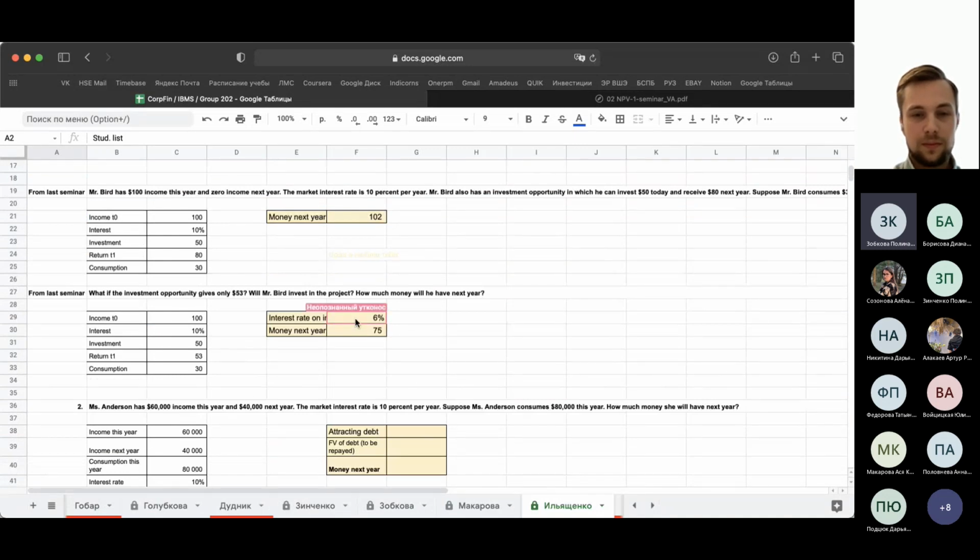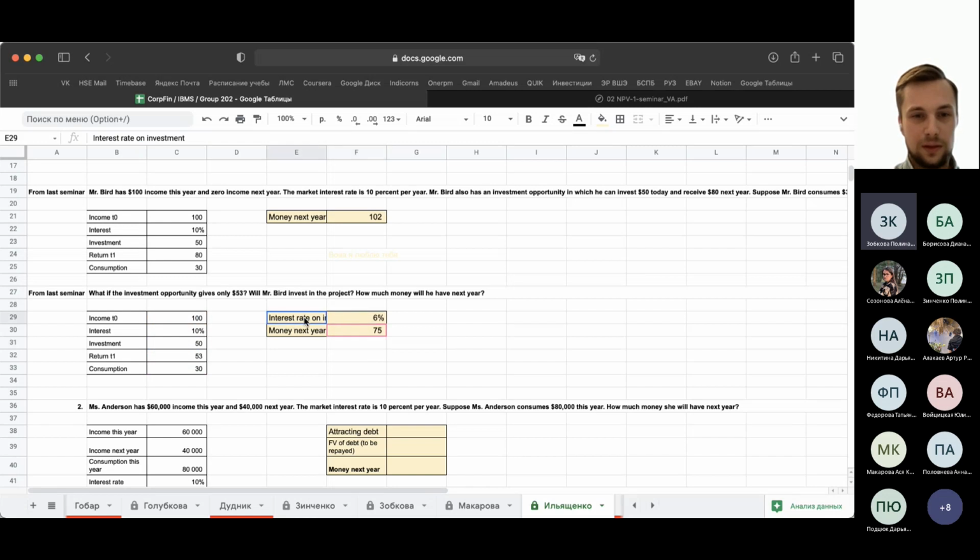Well, if I understand correctly, I should just subtract the investment from the return and subtract 1 to obtain the percent interest rate. Yes. And then I just took the formula from this part and calculated the whole return from the investment.